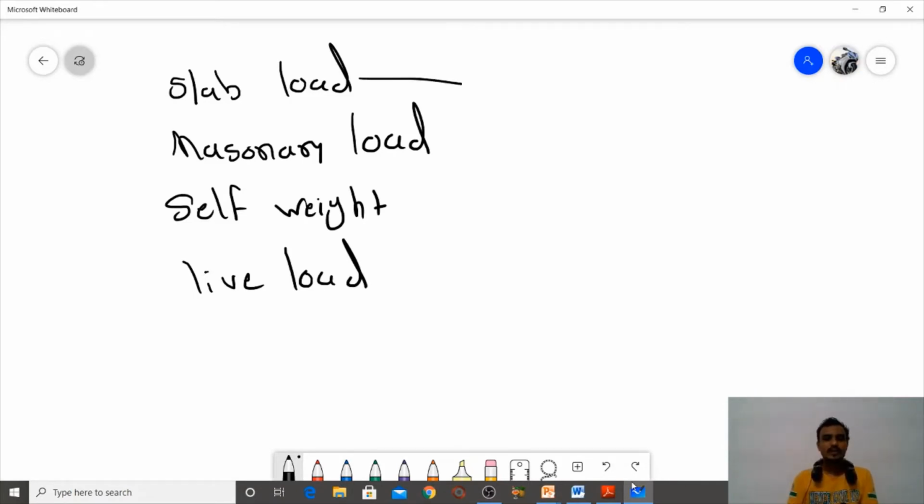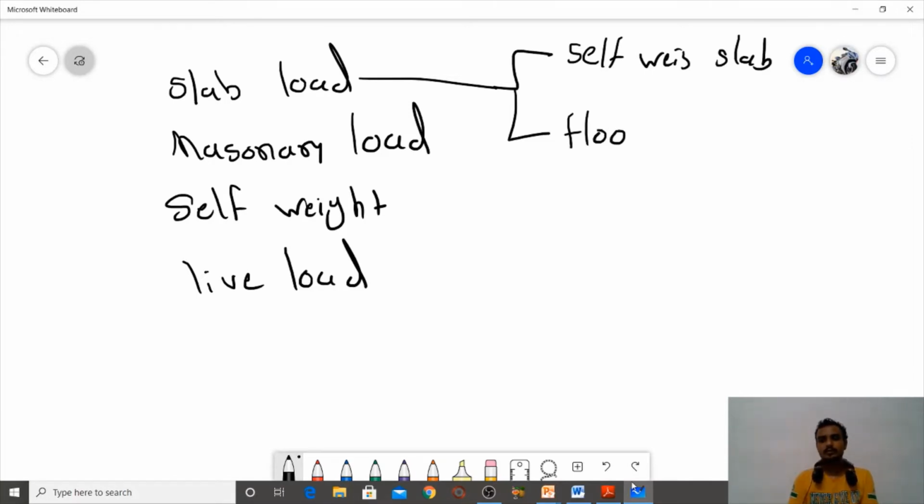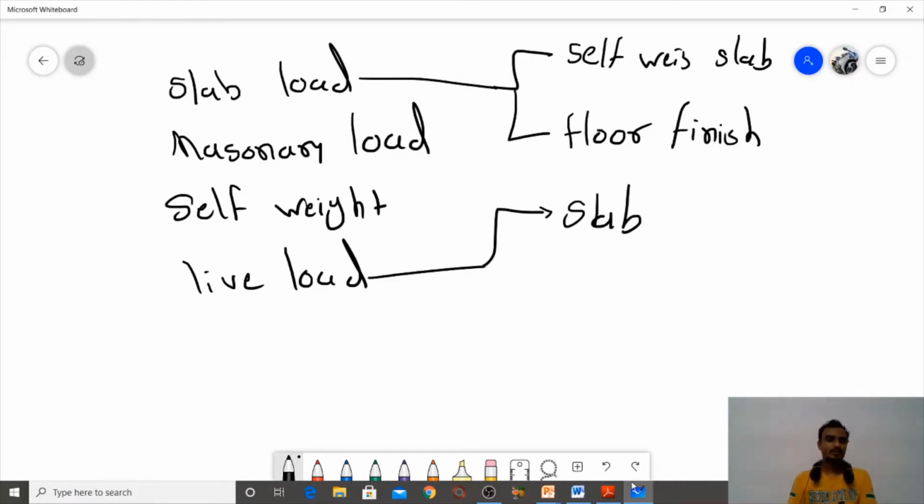Now in the slab we have two more loads: self weight of slab and floor finish. Most probably this live load is not directly applied on the beam. Live load is transferred from the slab.